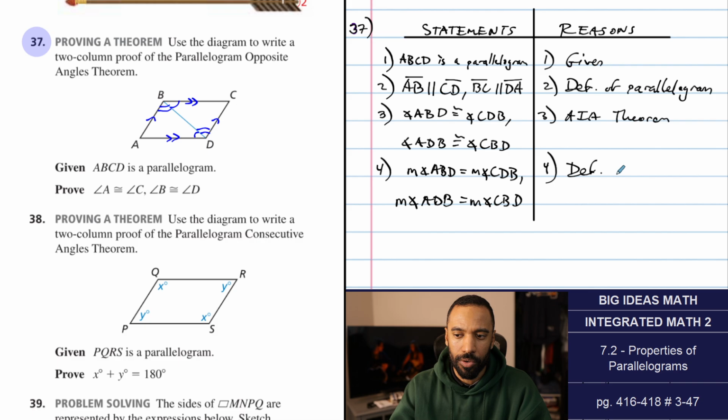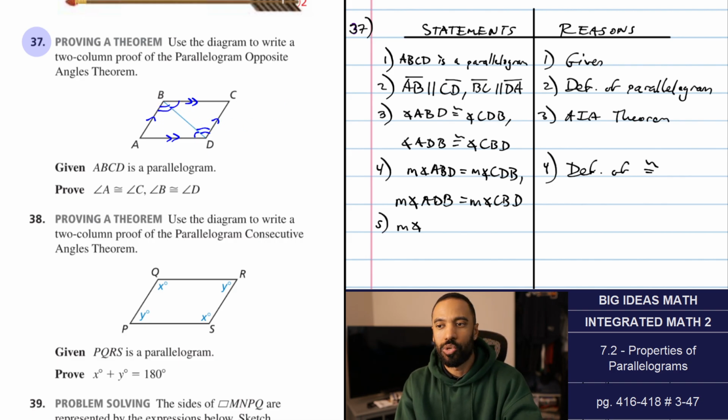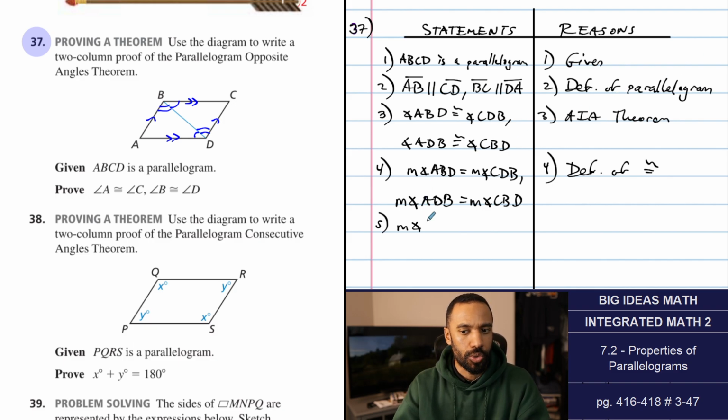This is the definition of congruence. Basically, it's the same thing of what you saw above, except now it's measures of. Because what I'm going to do is talk about how they add together to equal the same thing. I'm going to say how this plus this equals the whole thing, and this plus this equals the whole thing right there. And then do a way of saying that those are equal to each other.